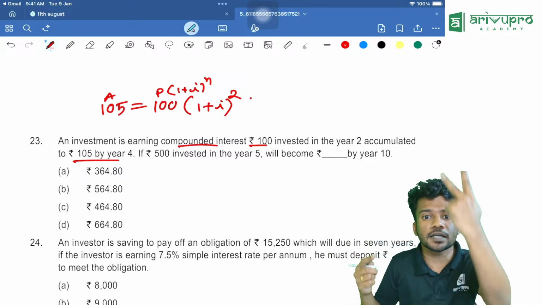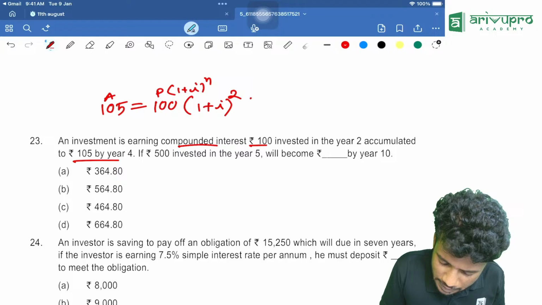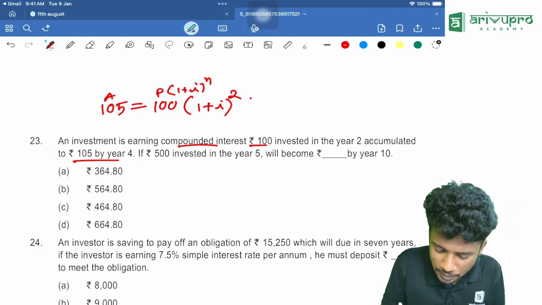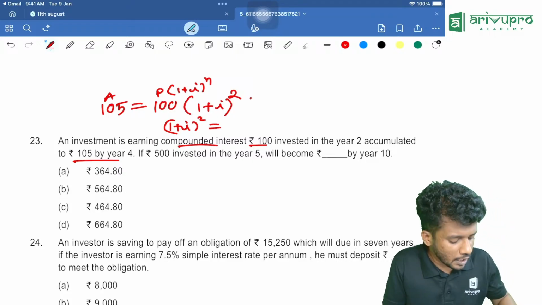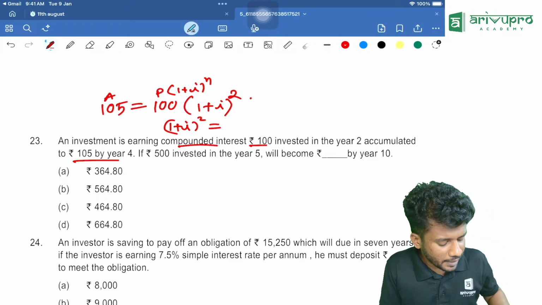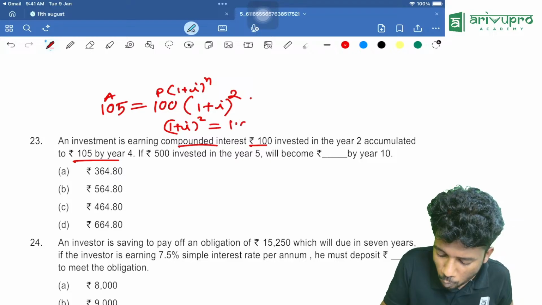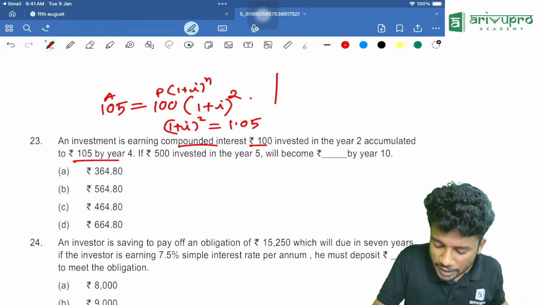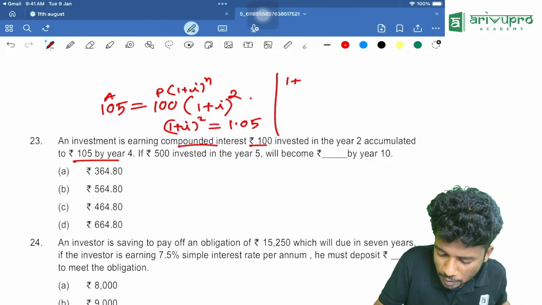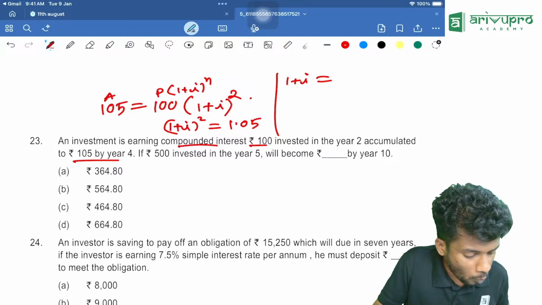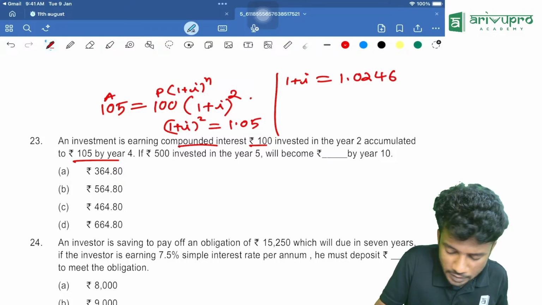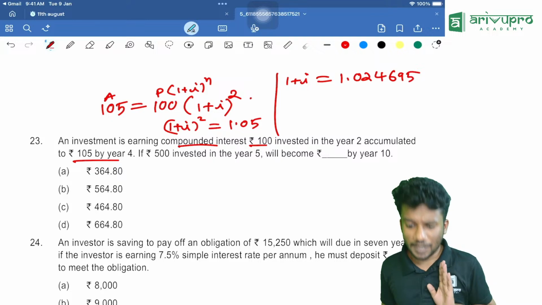So (1 plus I) the whole square is equal to 105 divided by 100, that is nothing but 1.05. Now get me the value of 1 plus I. 1 plus I is equal to the square root of 1.05, which is 1.024695. Yes, that is the value of 1 plus I.